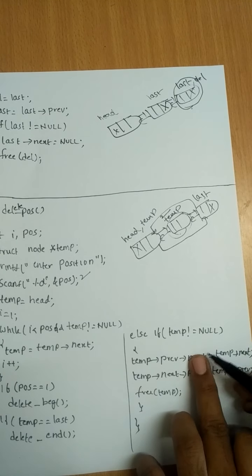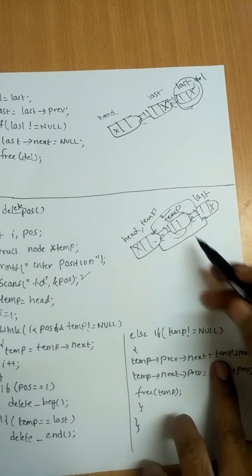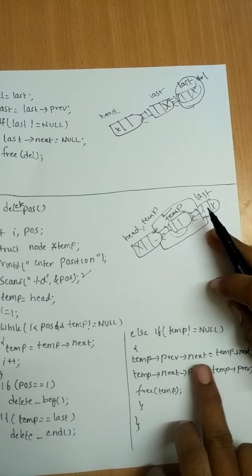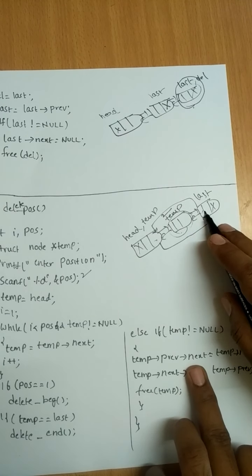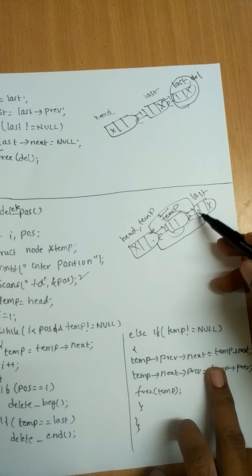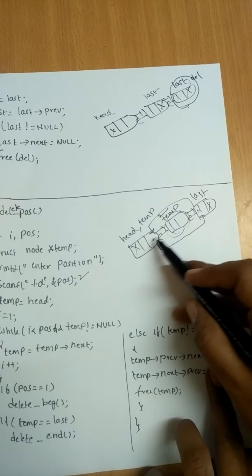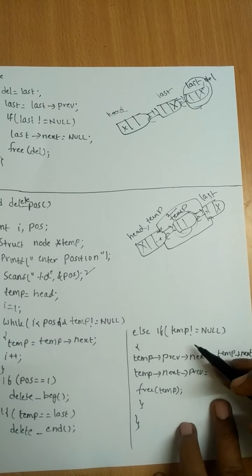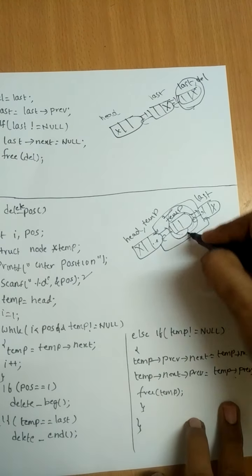Similarly, this is the temp of next node; in its previous field we have to store temp previous. So temp of next of previous, that means this position, we have to store this node address, that is temp of previous. Okay, and free the memory occupied by temp.